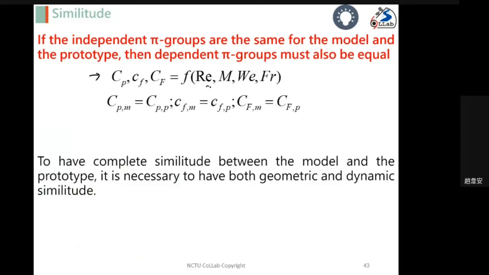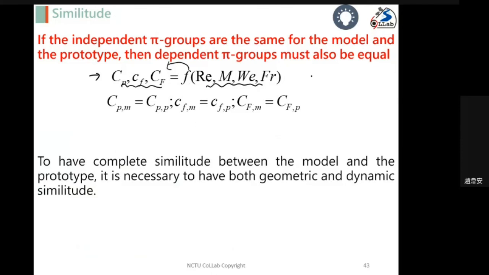There are the independent pi groups and there are the dependent pi groups. If we keep the independent pi groups the same for the model and the prototype, then we can say that the dependent pi groups are also equal.